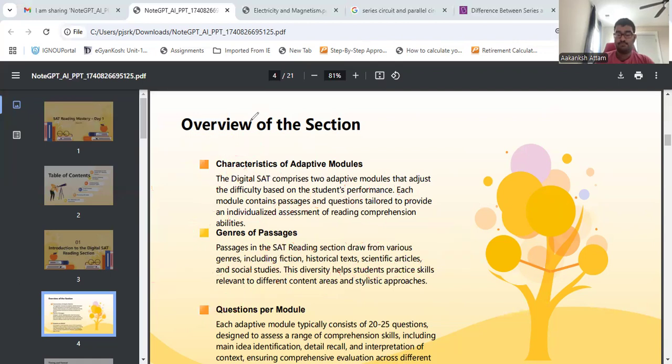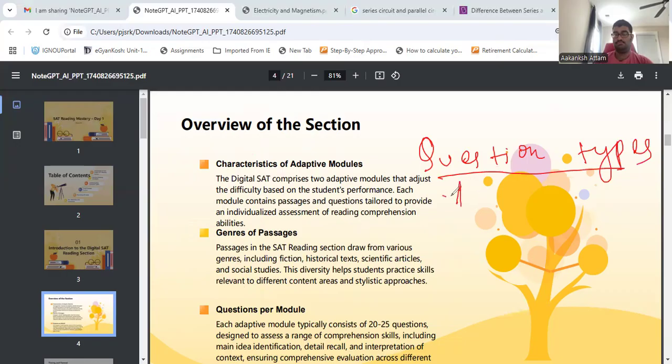Now, I want all your ears over here. Now, let's get to understand the types of questions which you will be encountering. Question types. Main idea identification. Now, whenever you are trying to identify the main idea, I want you to tell me something.